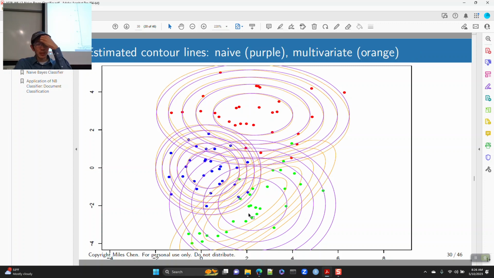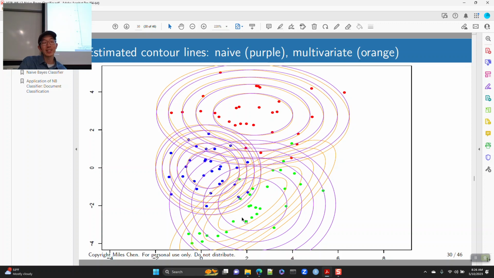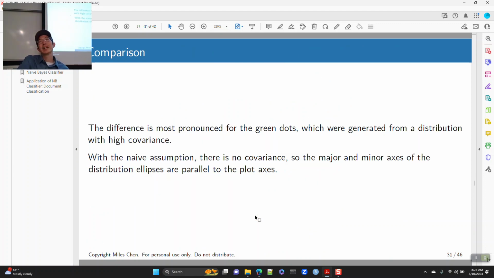So if I compare that to the estimates from the multivariate normal distribution, we can see, okay, pretty close alignment for red and blue, but here we can see it's pretty far off. So these are both the estimates based on the data that we have, and we can see there's a difference.